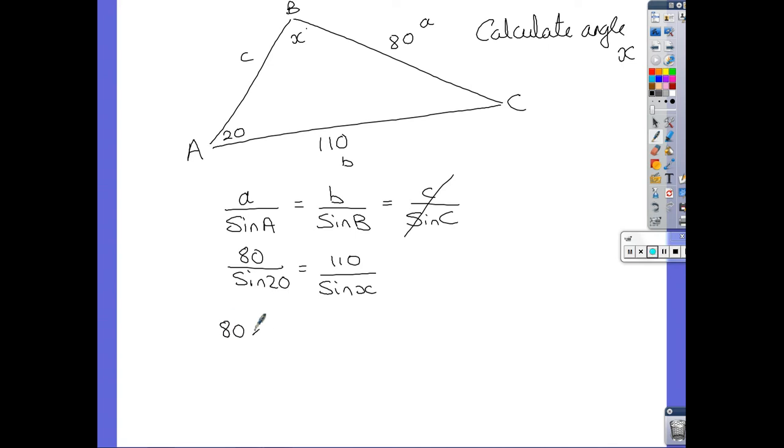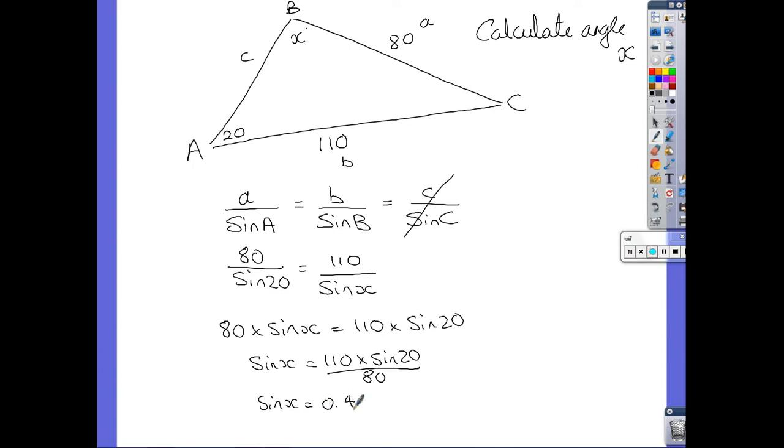So we'd have 80 times sine x equal to 110 times sine 20, dividing by 80, we end up with sine x equal to 0.4703, and we need to take inverse sine again here.